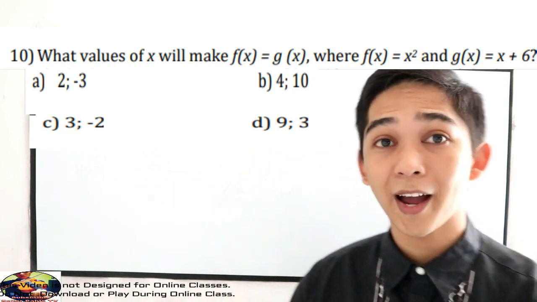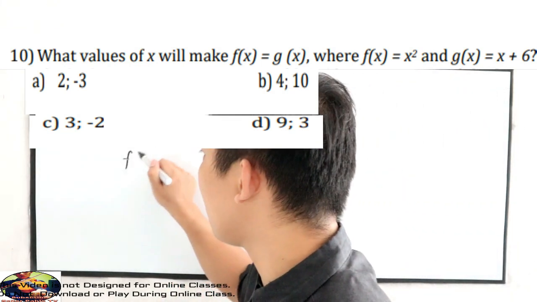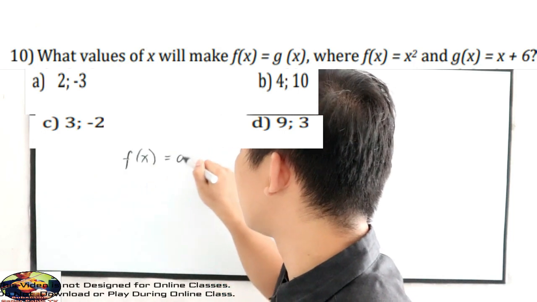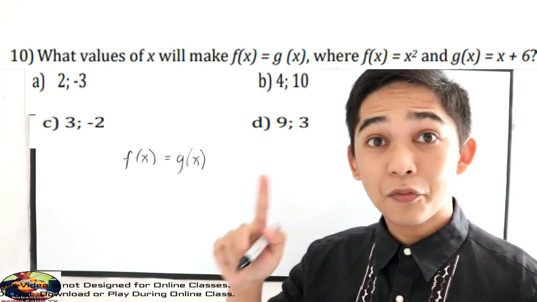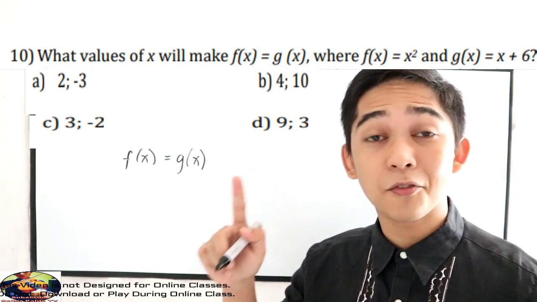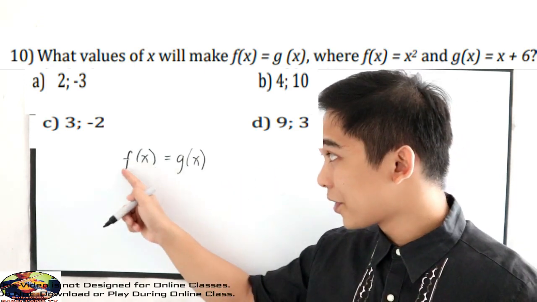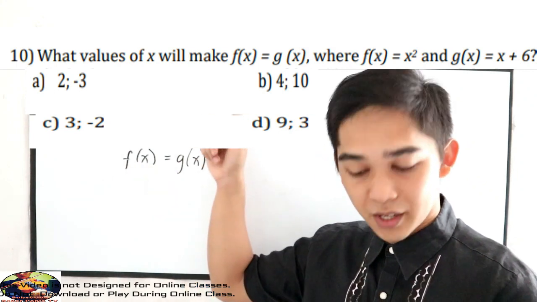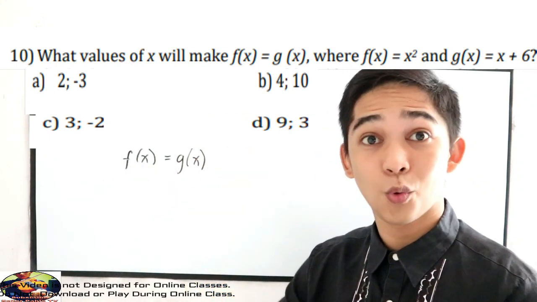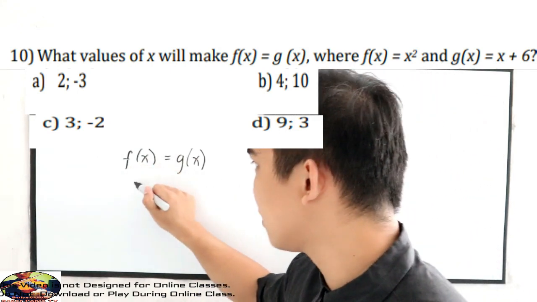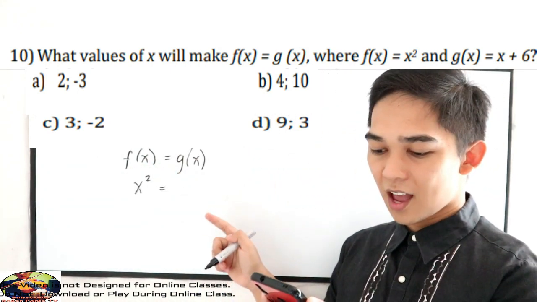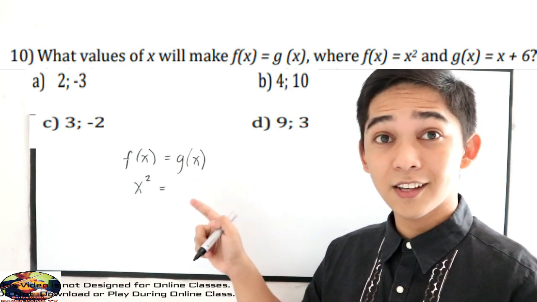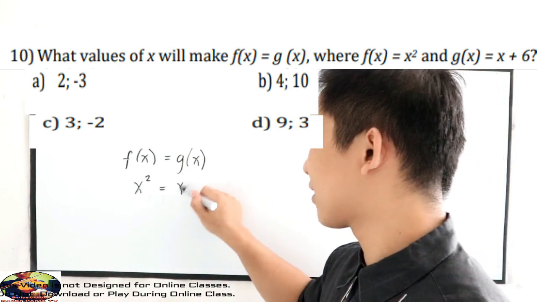So we're going to find f of x is equal to g of x. Our first step, we need to substitute the given functions. For f of x, our value is x squared. So change f of x to x squared. And our g of x is x plus 6.